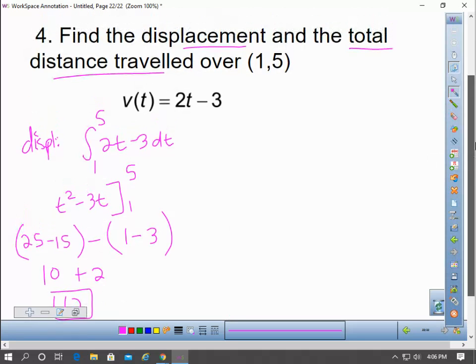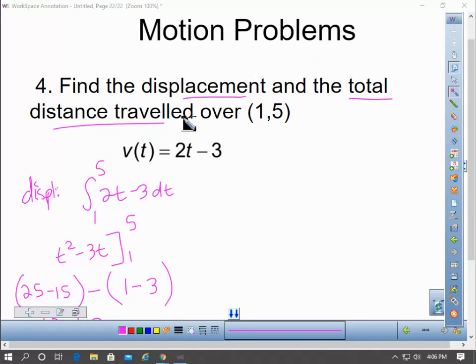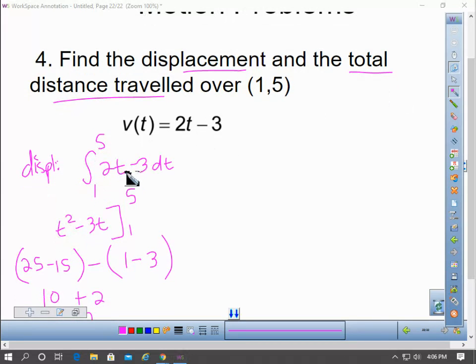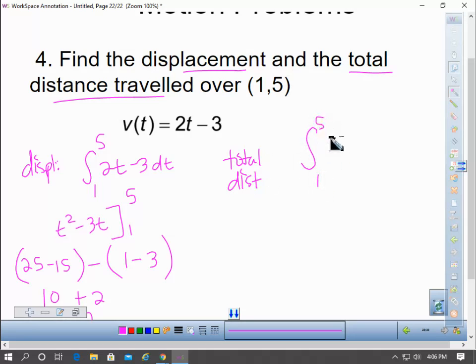Now, the other thing the problem wanted me to find was the total distance traveled. The difference here to find total distance traveled is you just have to take the absolute value. So the total distance traveled is going to be the integral of the absolute value of your velocity, the absolute value of 2t minus 3.